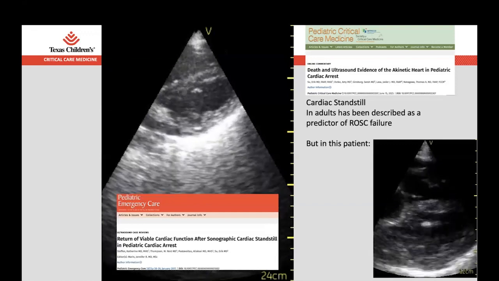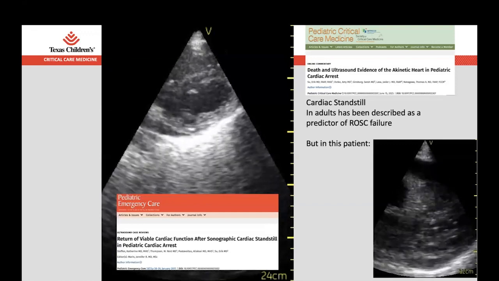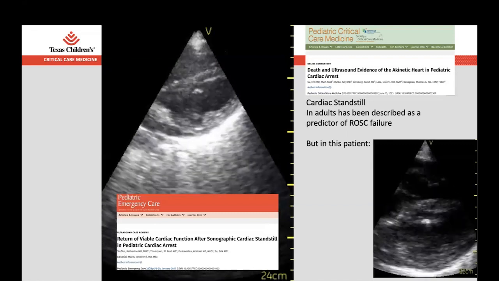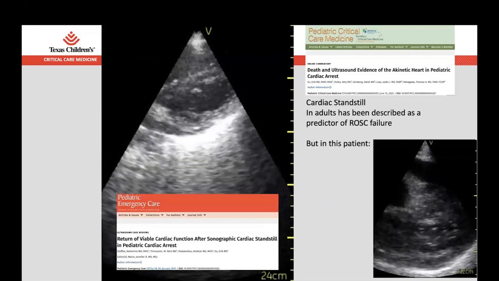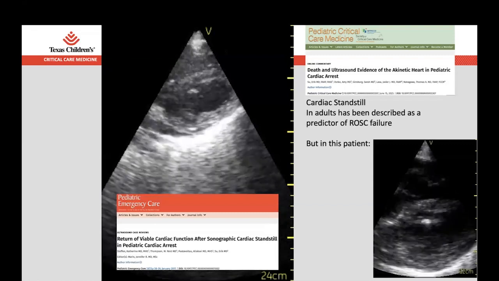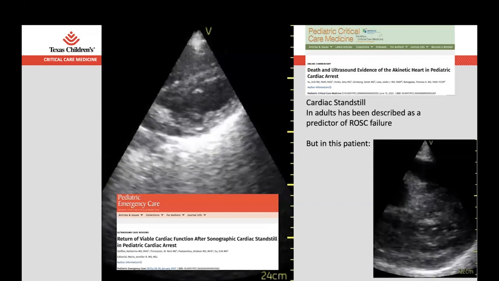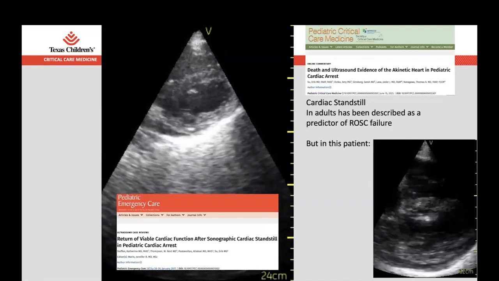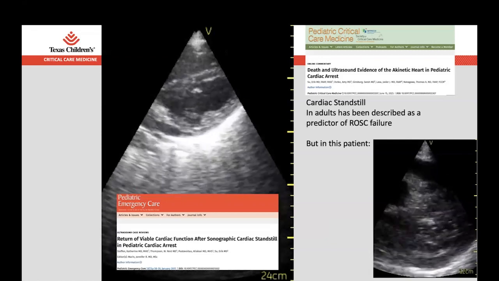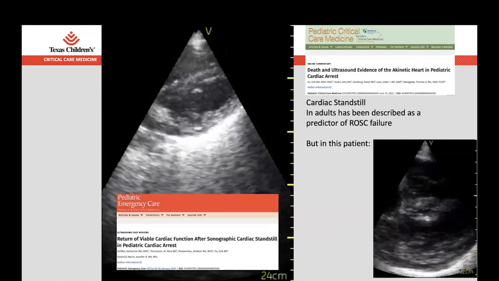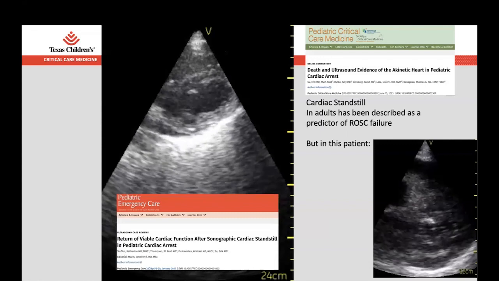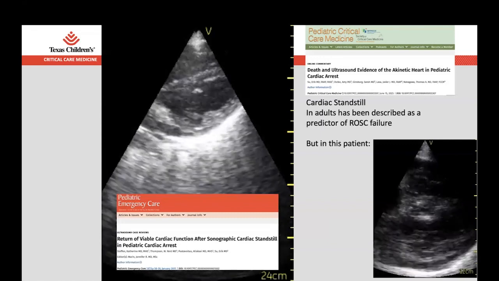We can only say so much from existing studies that said, well, I used ultrasound to test death, and then we withdrew and the patient died, so a standstill exam is associated with death. But that only follows if you just look at the raw association.